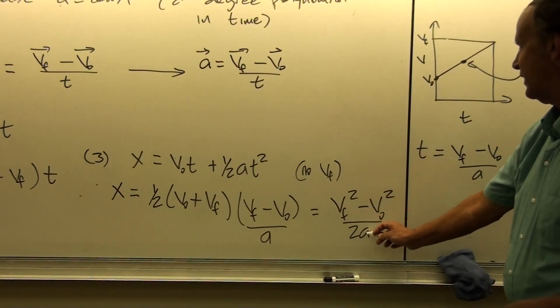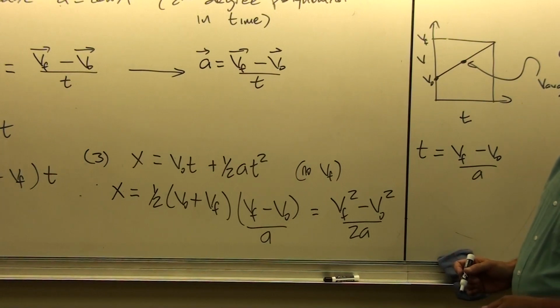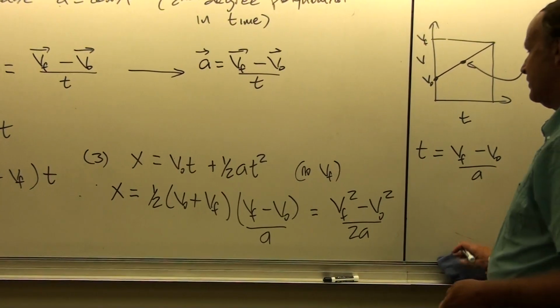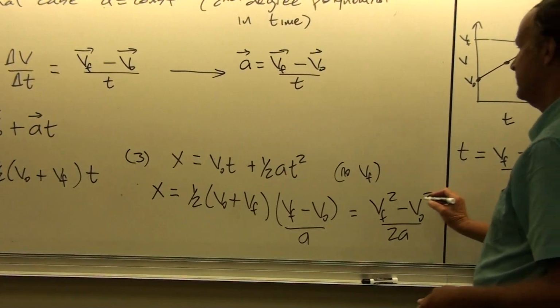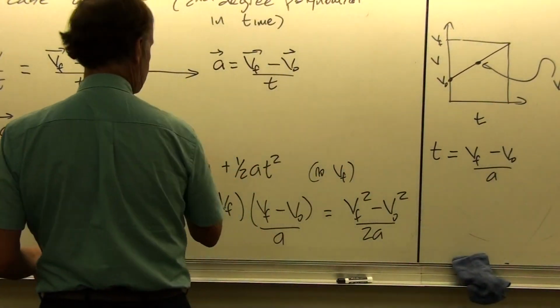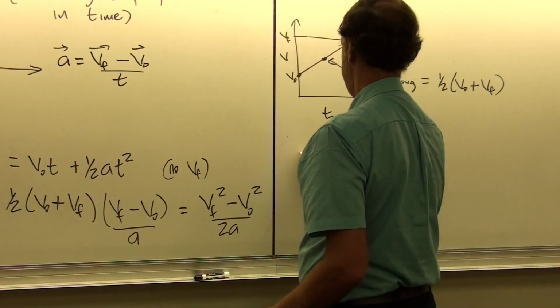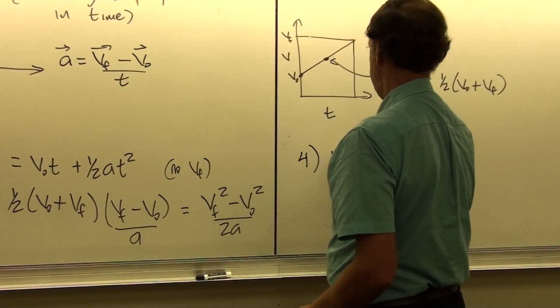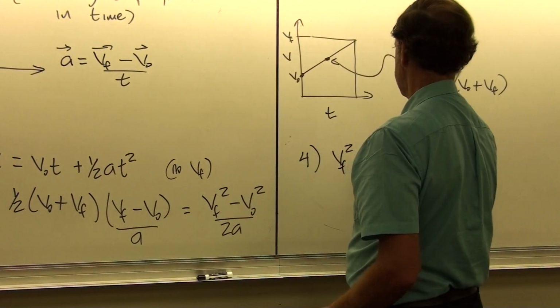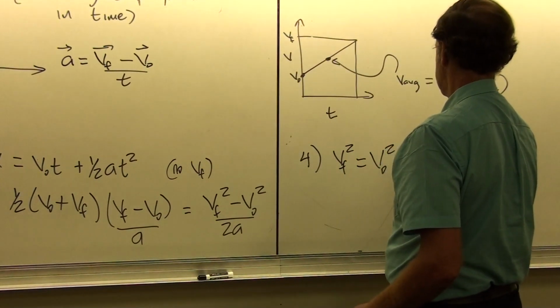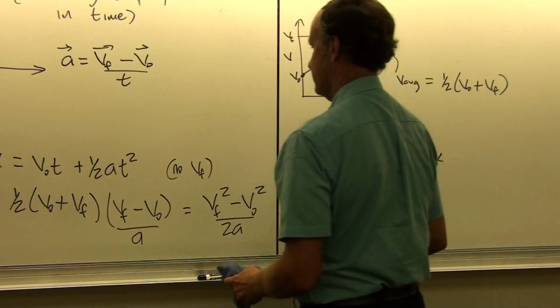And then the 2 and the a go down to the bottom. And so equation 4 then is just going to be v final squared equals v0 squared plus 2ax.